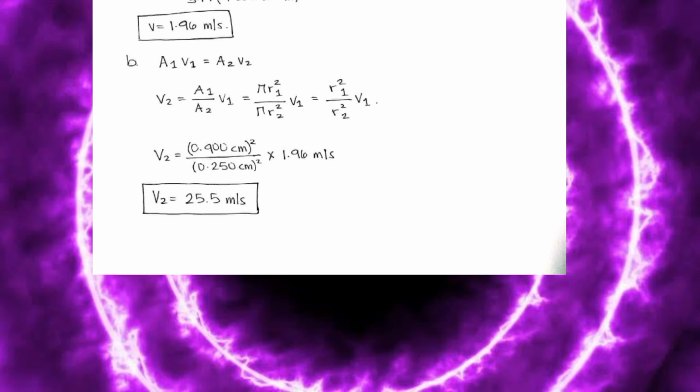So substitute: we know that our A1 is 0.900 centimeters squared and our A2 is 0.250 centimeters squared, times our v1, the speed in the hose, which is 1.96 meters per second. So our speed in the nozzle is equal to 25.5 meters per second.